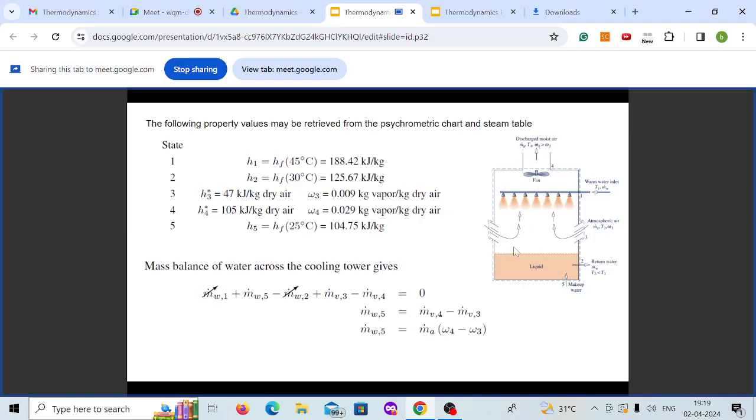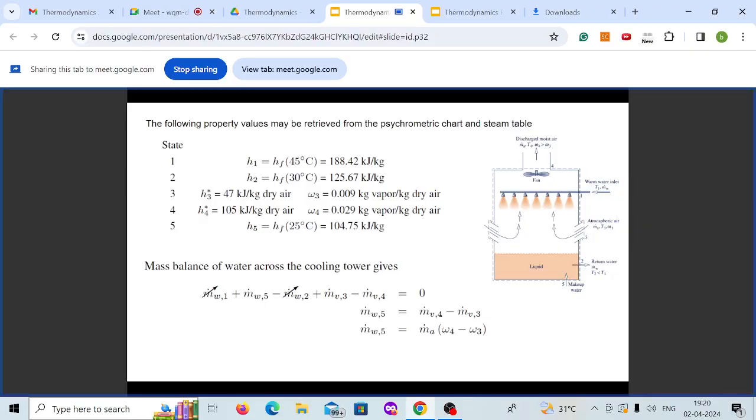When this air comes in contact with the water, it will take some amount of water from the water which is dripping, and the water vapor content in the air increases. Because of this the water will get cooled, because the water which is going into the air has to convert from liquid phase to vapor phase.